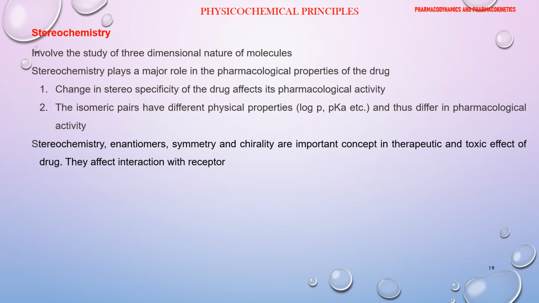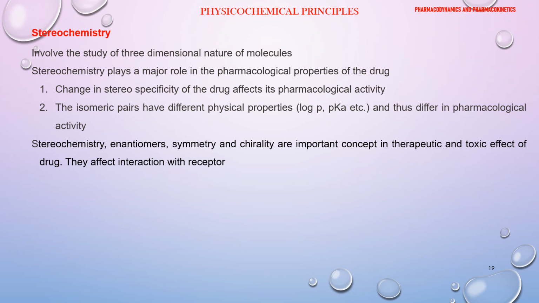The chirality of the drug or the stereochemistry of the drug affects the physicochemical principles. Stereochemistry involves the study of the three-dimensional nature of molecules. It plays a major role in pharmacological properties.